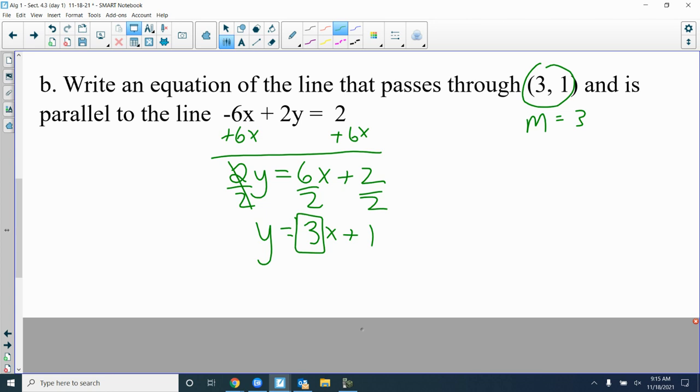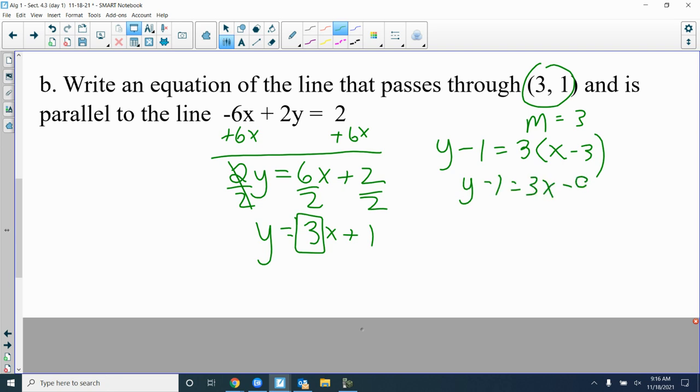Can you do it? Put this point with this slope in point slope formula. y minus equals. There you go. Guys, distribute the 3, add 1. So y minus 1 equals 3x minus 9.